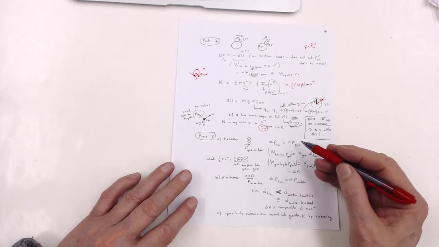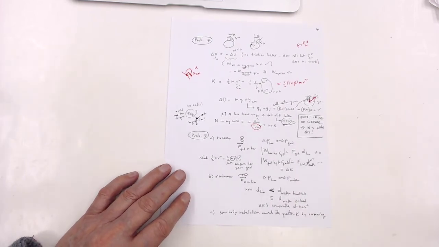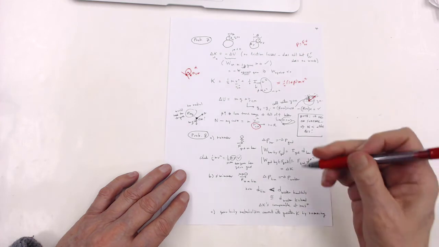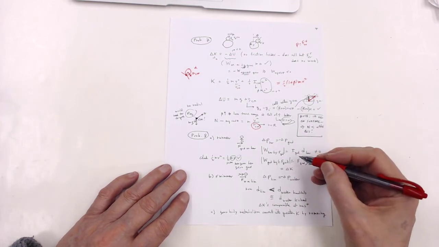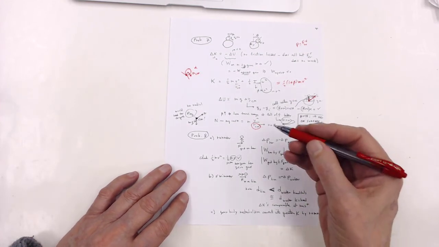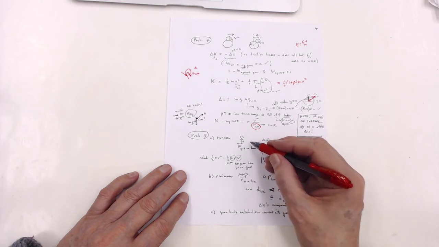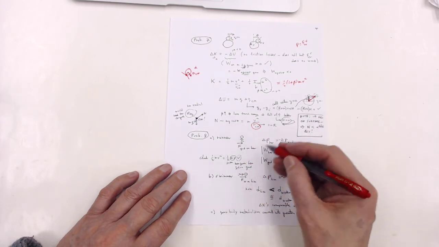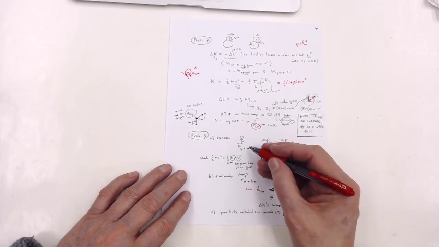In problem 8, I just thought it was fun to take Epstein's example from his famous little book, Thinking Physics, to just remind you, you can go faster than you can swim. You've got a certain amount of energy that you generate with your muscles.